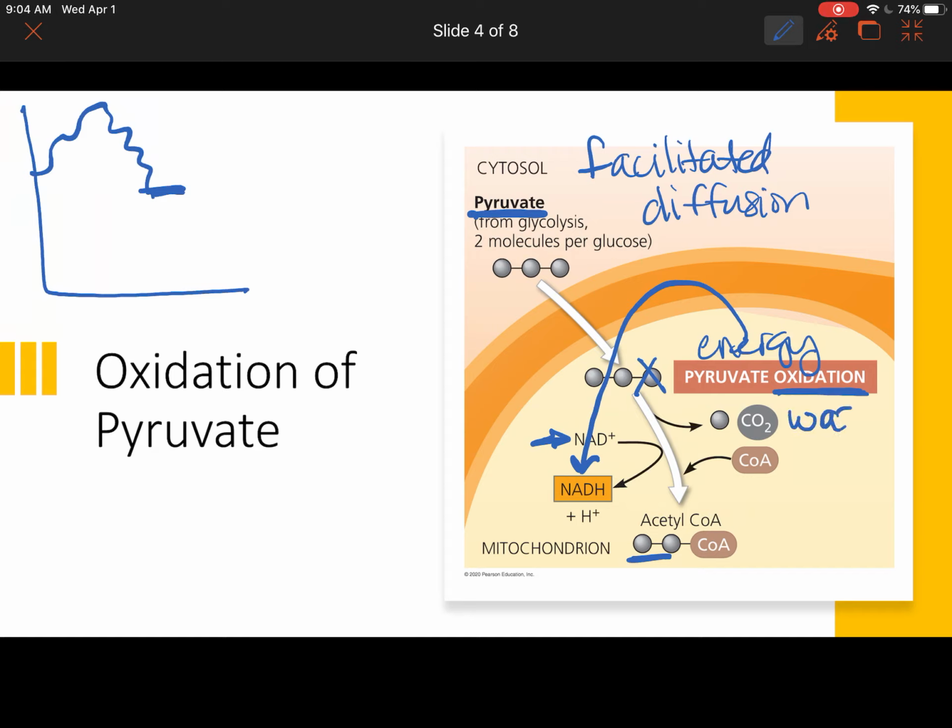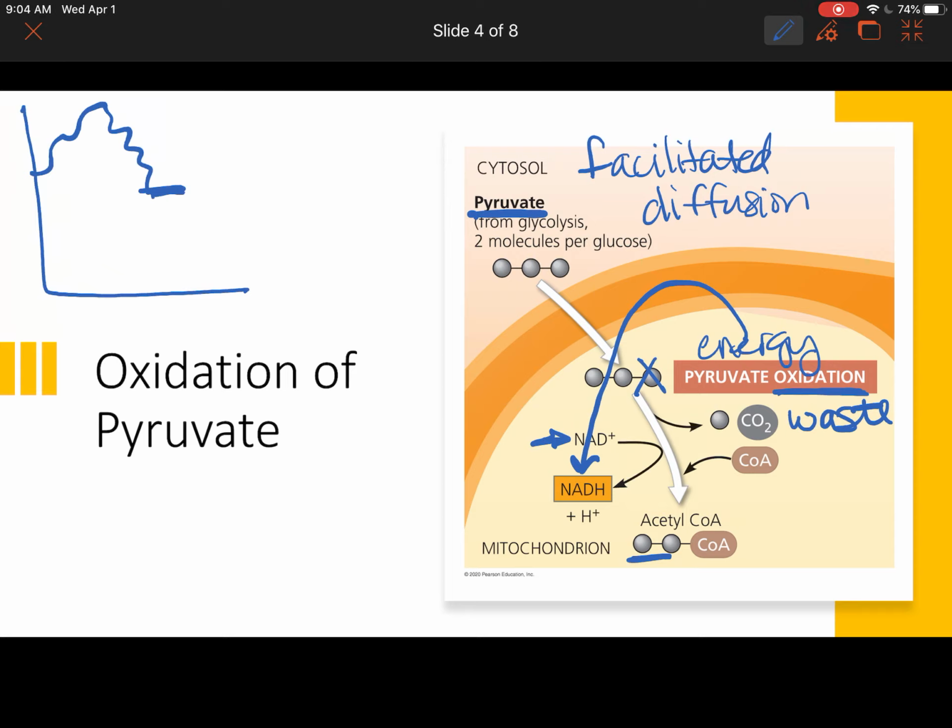Okay, so CO2 is a waste product of aerobic respiration, and you know that it is what you exhale. Okay, so animals exhale CO2. Other organisms like plants are going to release CO2 when they're doing aerobic respiration. Fungi, protists are going to release CO2.